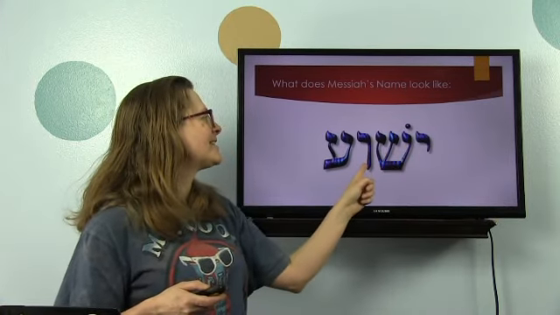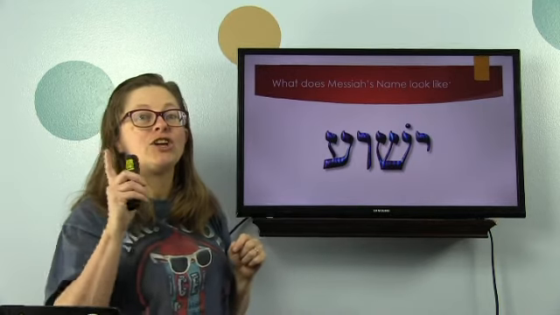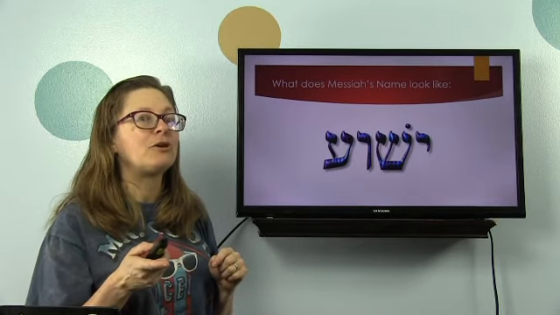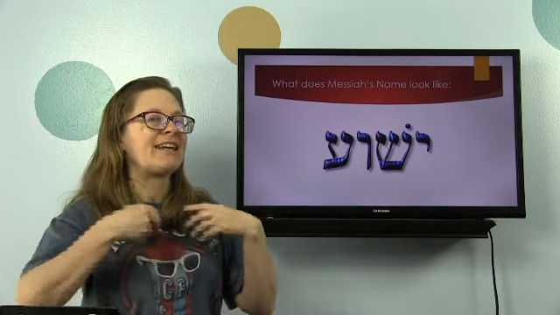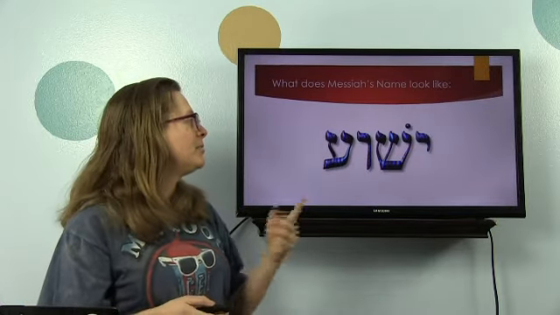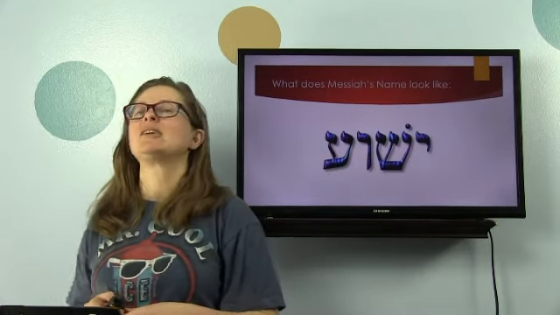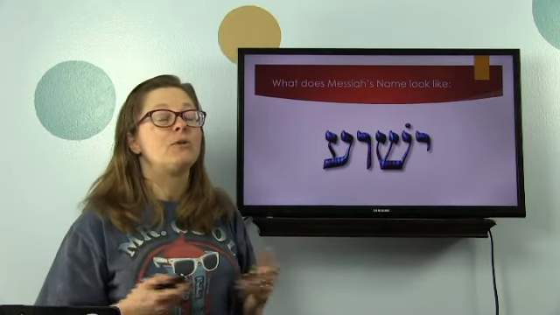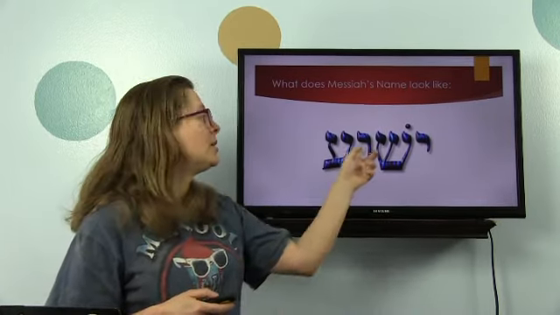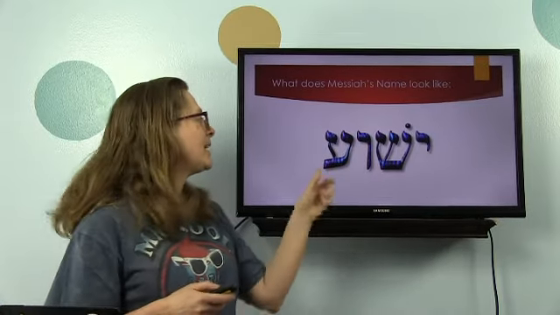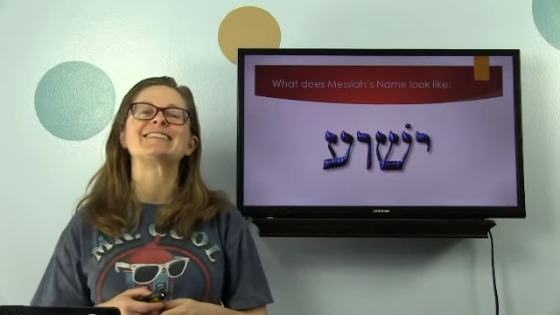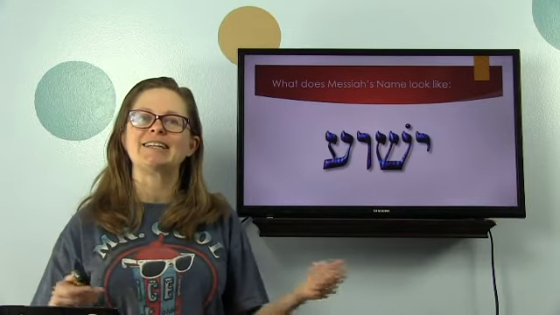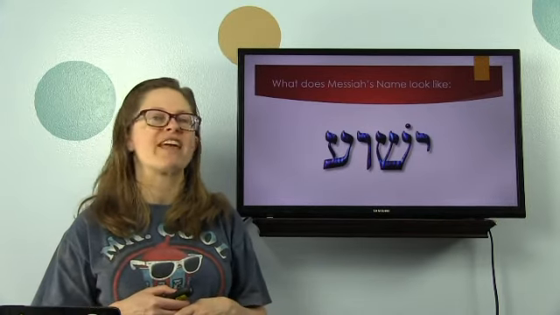And this is a Vav, and usually, well, I don't know if it's usually or not, but a lot of times it is a consonant. But in this one, it's a vowel and it makes the oo sound. Sometimes it makes the o sound. Sometimes when it's a consonant, it makes the v sound. But here it makes the oo sound. And this is an Ayin, and it's a silent letter, kind of like the silent e at the end of a word, except it doesn't do the same thing at all.